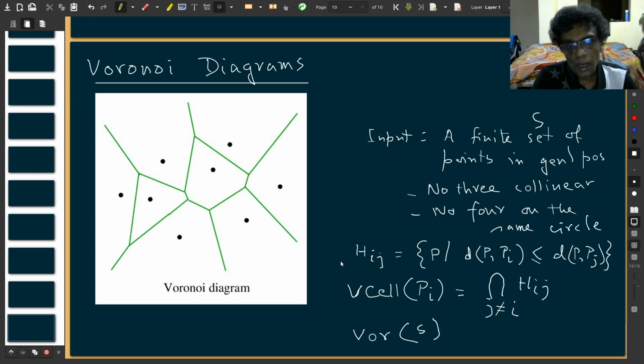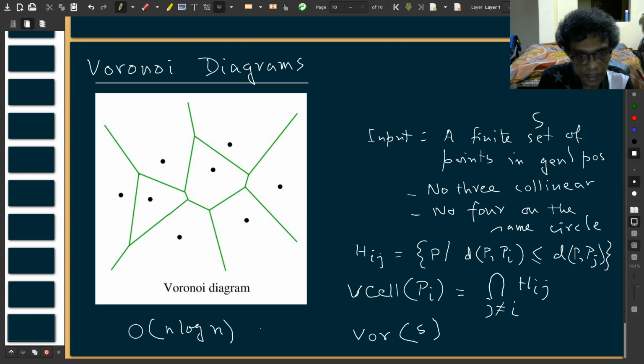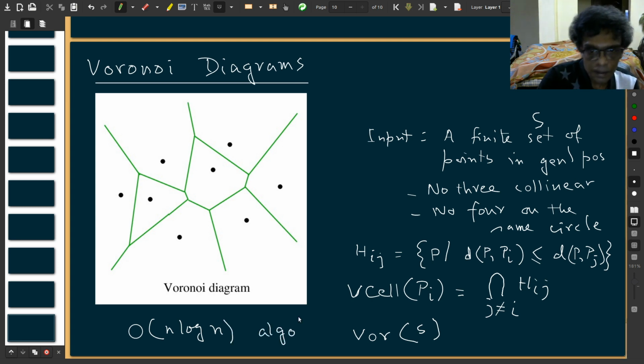You get what is called the Voronoi diagram of the set of sites S. To this end, we want to compute this. I will propose one n log n time algorithm if there are n sites. But this initially raises a question.